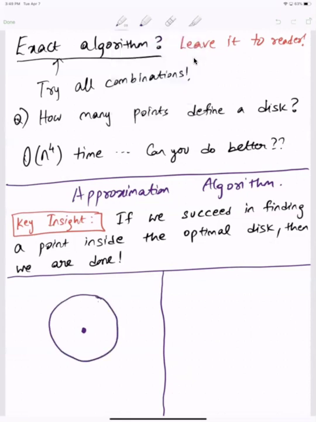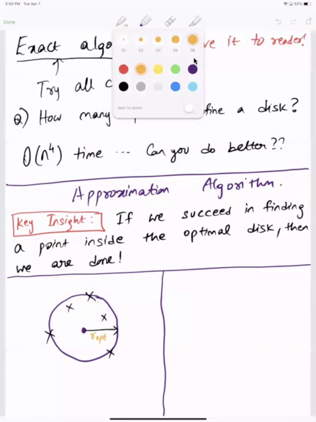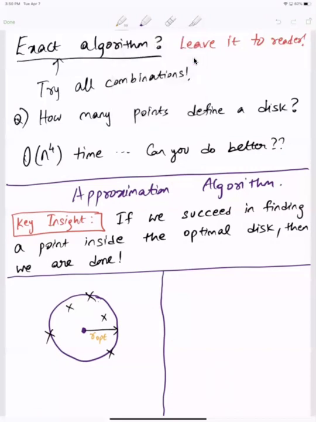Let me draw a few points here. Again, I'll try to set k equal to 5. This is the optimal disk, and its radius is r-opt. Now let me pick some point inside the disk, which is perhaps not one of the input points, but some other point. Let me pick this point.